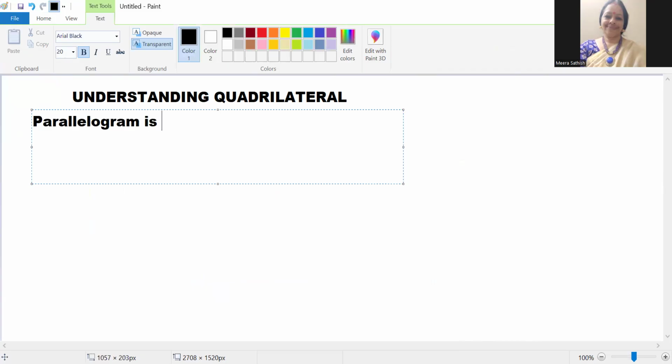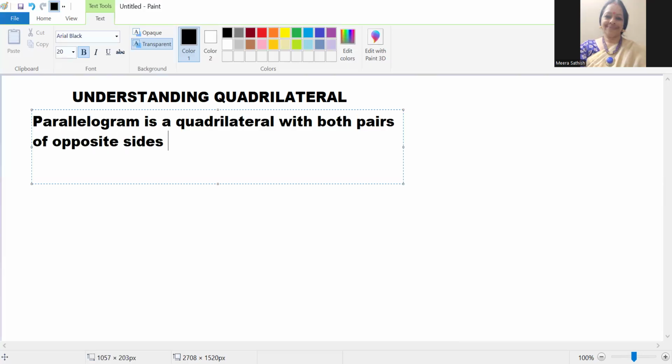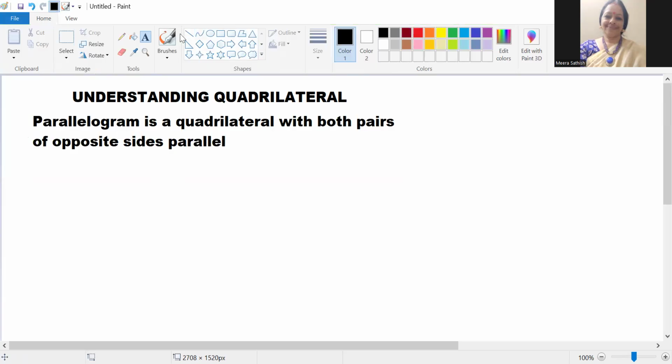A parallelogram is a quadrilateral with both pairs of opposite sides parallel. That's all. Parallel, equal, no need to say. As per the definition, if in a quadrilateral both pairs of opposite sides are parallel, then it is a parallelogram. So, the figure.